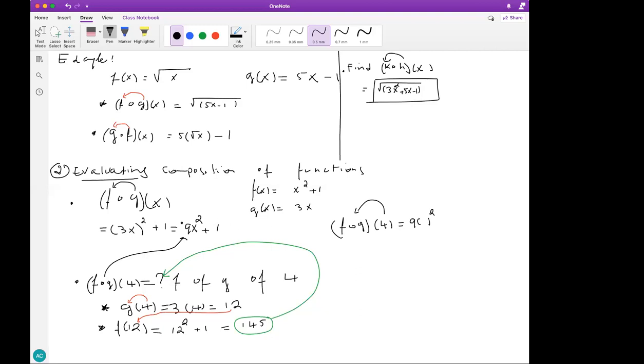f of g is this. We just found it. So we're going to plug that 4 into that. And plus 1. 4 into f of g. Why? Because we happen to have it. So we take advantage of it. If you don't have the composition, you can always use the other way, which is easier.